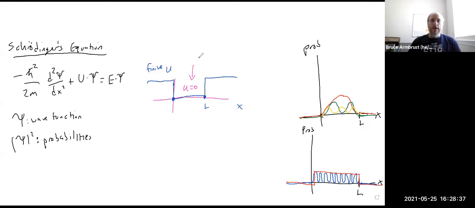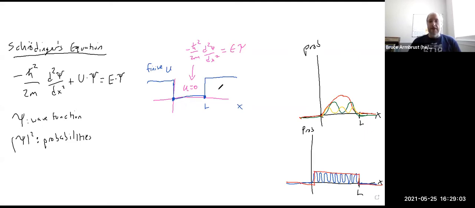And so if u is equal to 0, that means that our differential equation looks like this. And that's the one that we already solved. It's the one that leads to sines and cosines, gives us some sort of a wave in here.